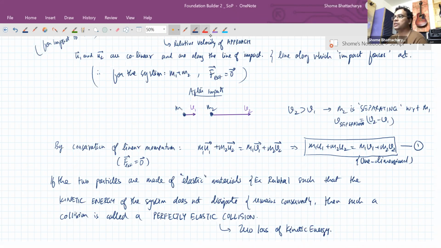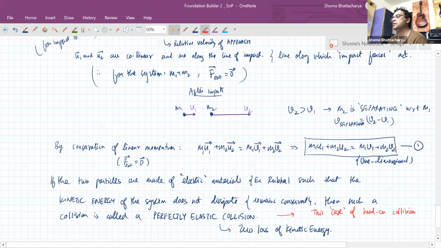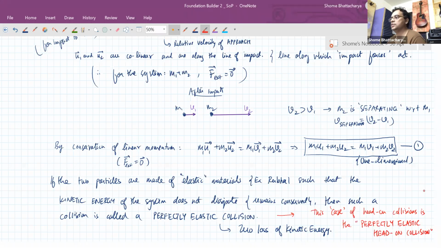So this case of head-on collisions when there is zero loss of kinetic energy is the perfectly elastic head-on collision, or perfectly elastic one-dimensional collision.